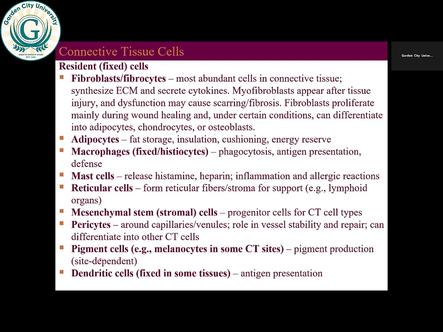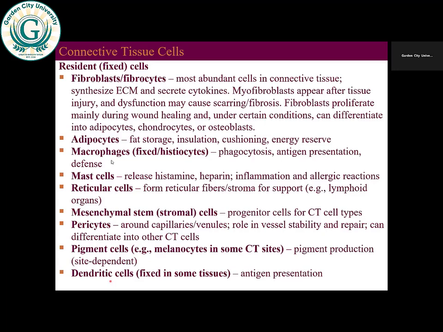You see that they can differentiate into other connective tissue cells, and I even said that they can differentiate into smooth muscle cells. We have melanocytes as also resident cells. Then we also have dendritic cells, which are antigen presenting cells. So all these are cells of the connective tissues.